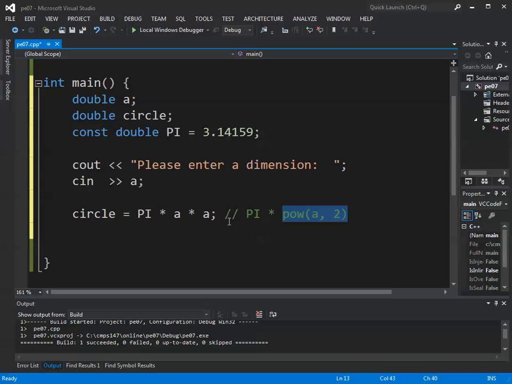Certainly if I had a to the 5th, I would do power a, 5 rather than typing 5 a's out. Squared, maybe even cubed, I might write out long form like this, but not always. Okay, so let's print out our area.